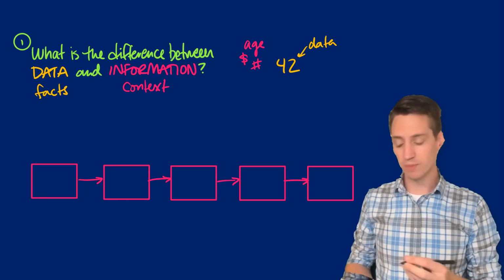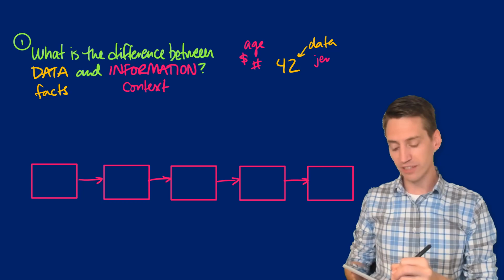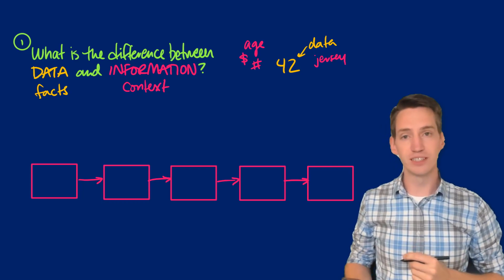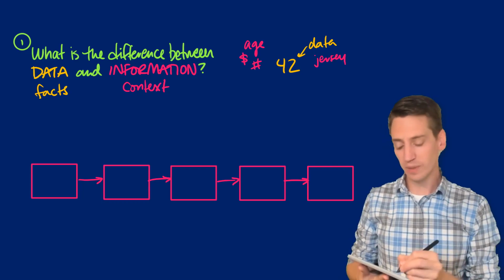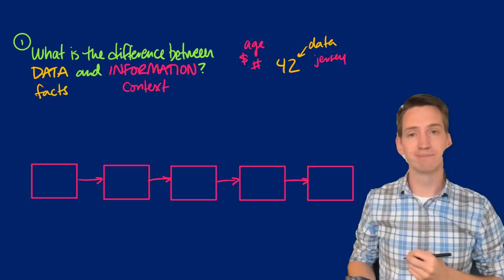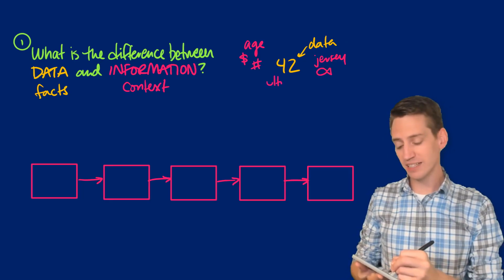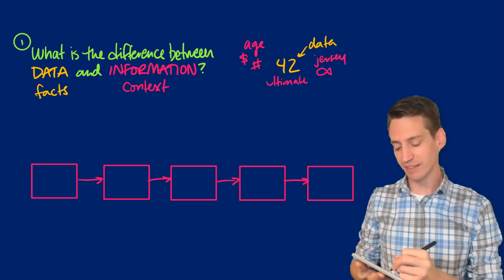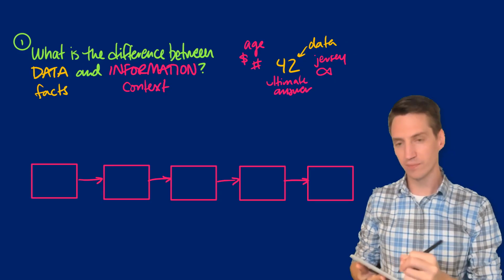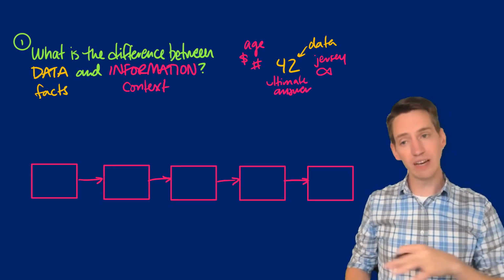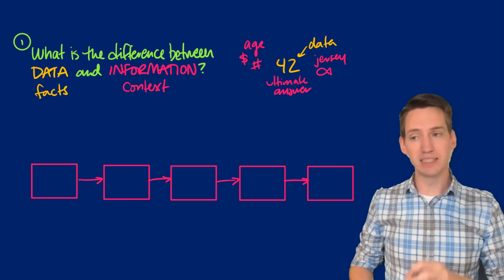It could also be something more specific, like say it's the number of a jersey, like Jackie Robinson's jersey number. It could be the number of fish that we have in an aquarium. If you're a Douglas Adams fan, you know that 42 is the ultimate answer to life, the universe, and everything. So given some context, we can now figure out what this data means to us.